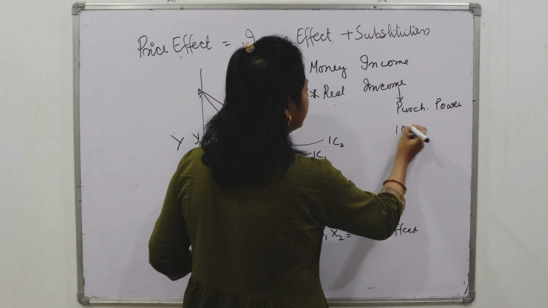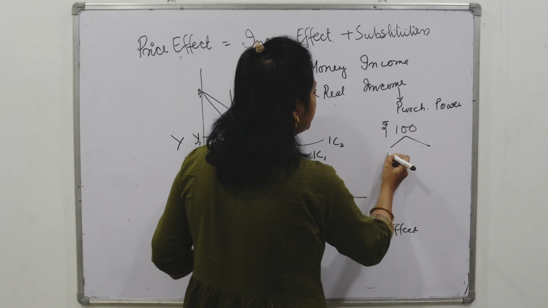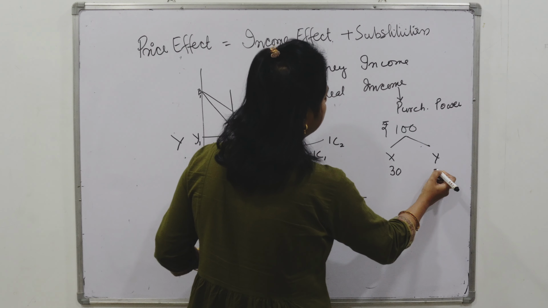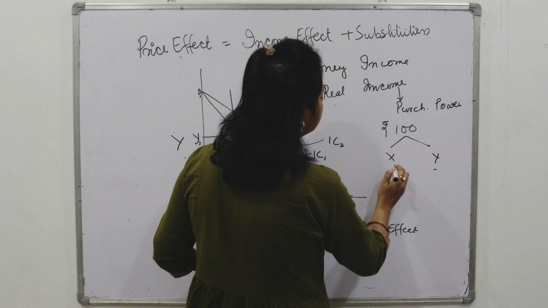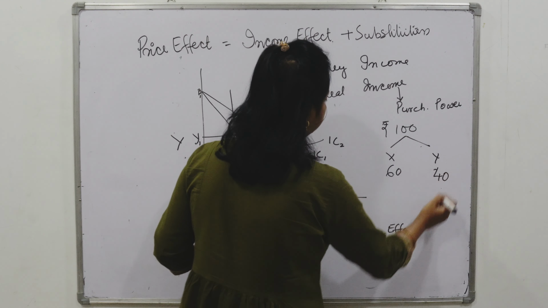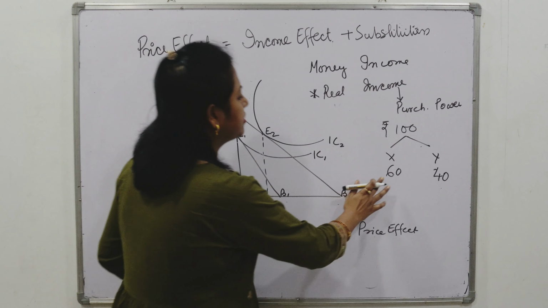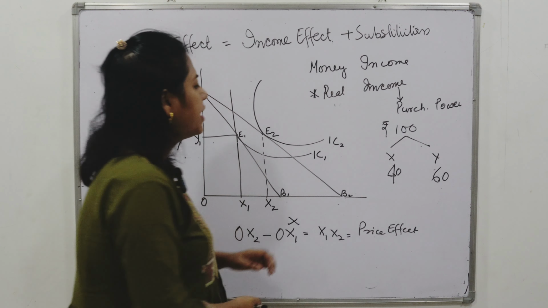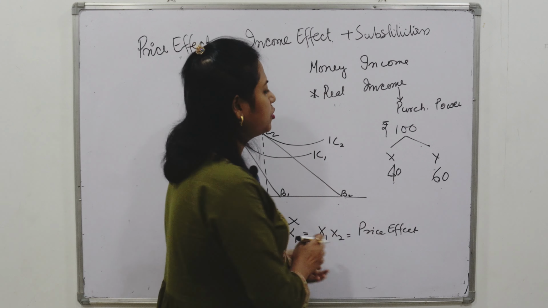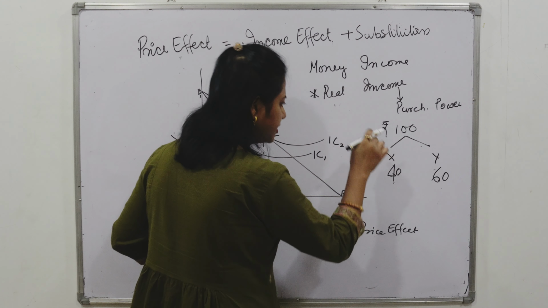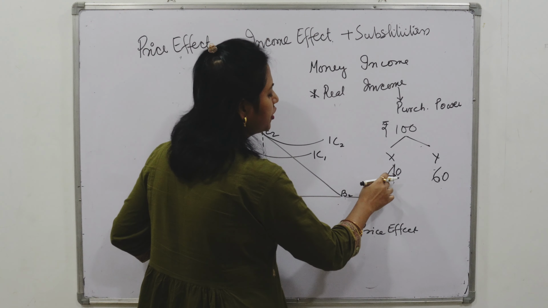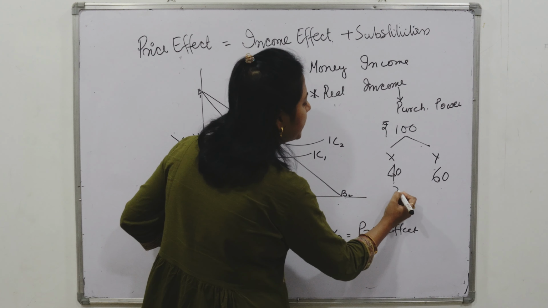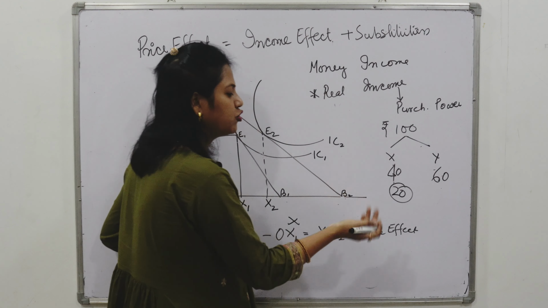Suppose I have rupees 100 and I am splitting this 100 between X and Y. I buy 60 rupees of X and 40 rupees of Y. Or make it different, make it 40 here and 60 here. Now suppose the price of commodity X has decreased. Then I can get the same commodity at rupees 20, say for example, I have to spend just 20.